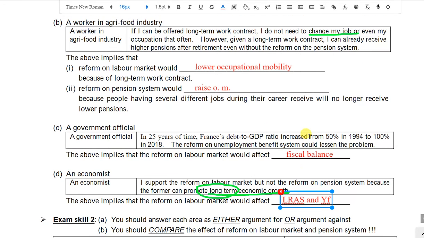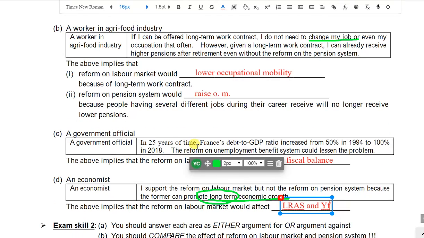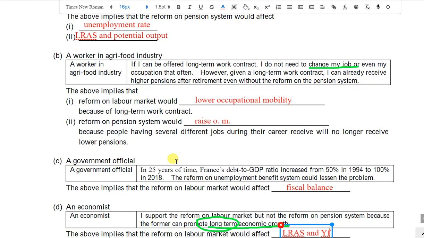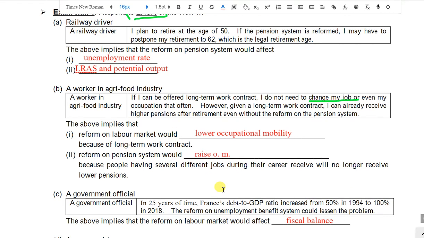And you can actually refer to the other individuals' views as well. So if you look at the other individuals, except the economist, one of them also mentioned the words long term. Which one? Except the economist, we also discovered the words long term before.